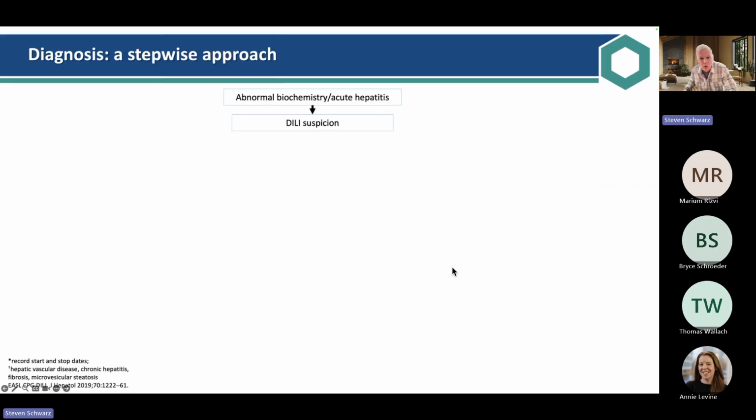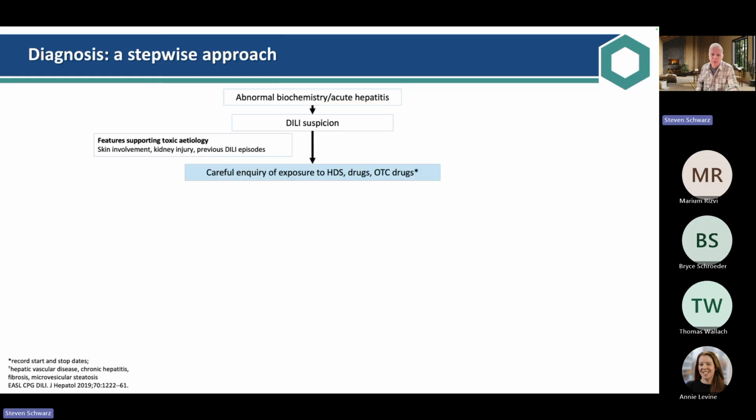So the stepwise approach, we have abnormal biochemistry with acute hepatitis. We suspect DILI. There are features that support a toxic etiology. Is there evidence of other organ injury?